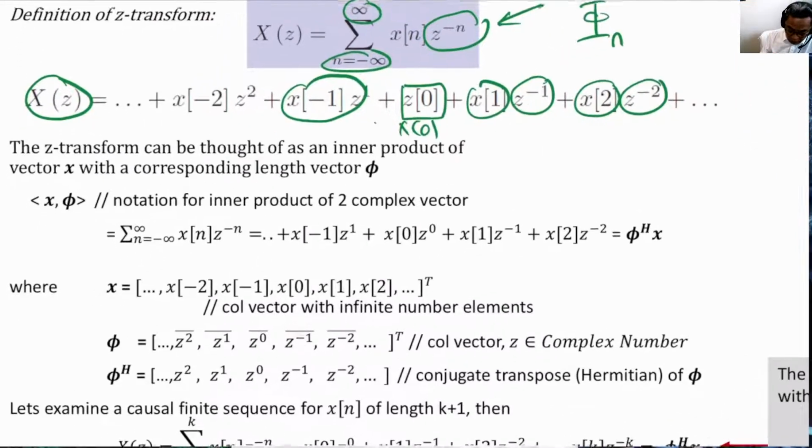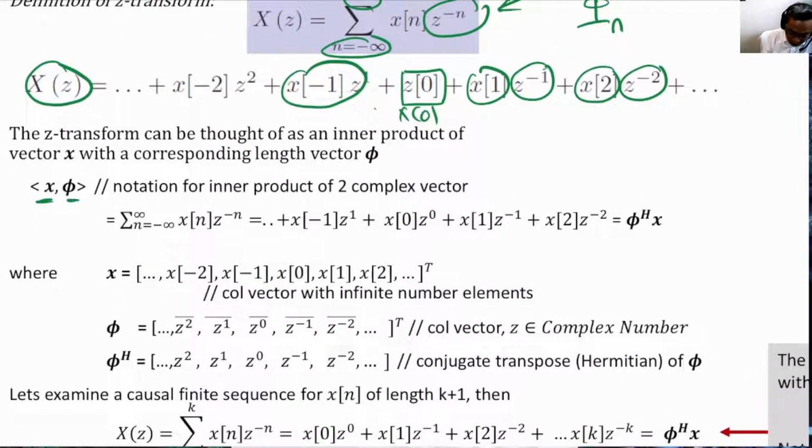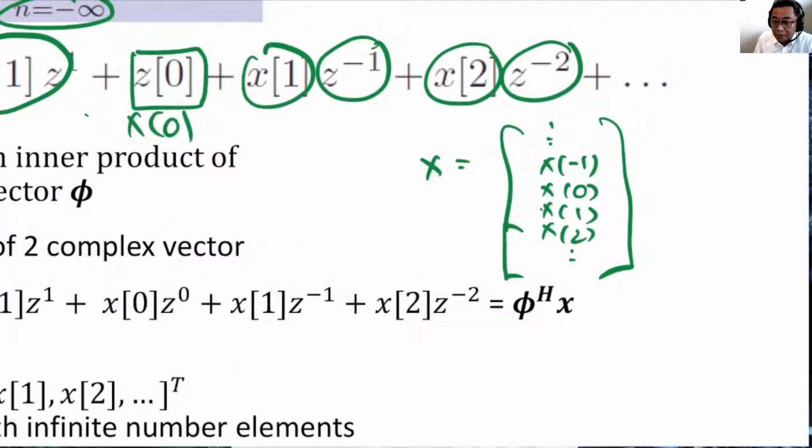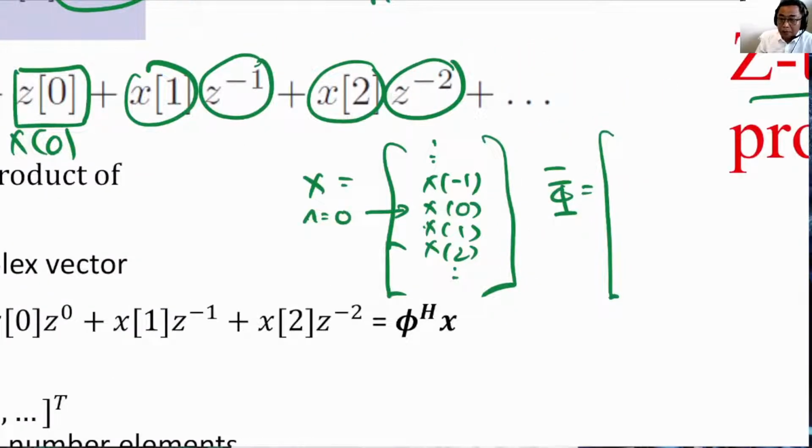If we treat this as vectors, x would be a column vector of x minus 1, x0, x1, x2, and so on and so forth until x infinity. It is a column vector of the elements of x, with n equals 0 being here. What about the corresponding complex conjugate of phi?